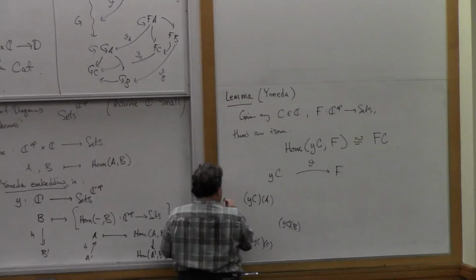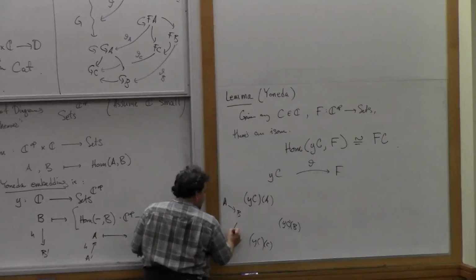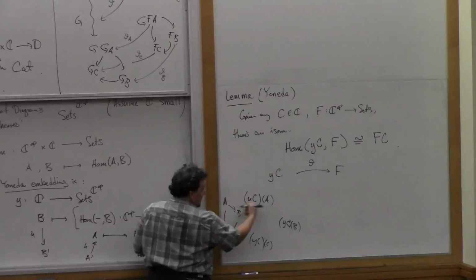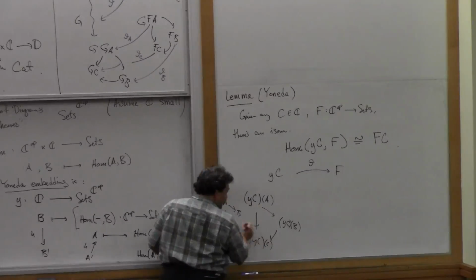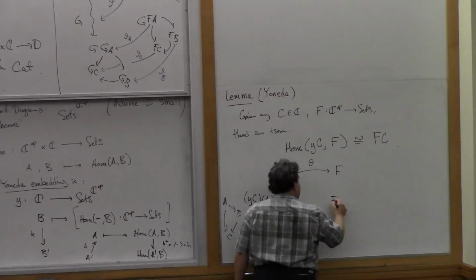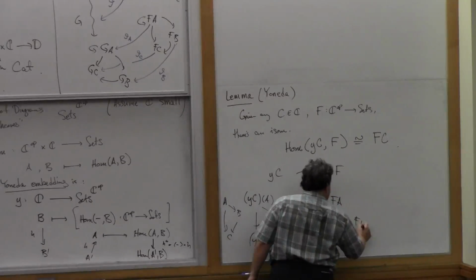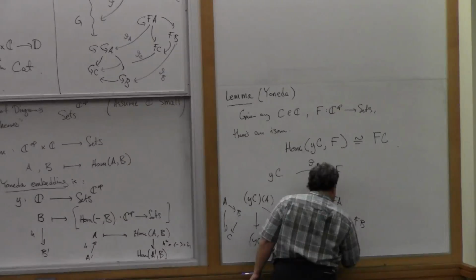And for every arrow A, B, C down in C, yC gives me arrows like this. And then F too has FA, FB, FC.